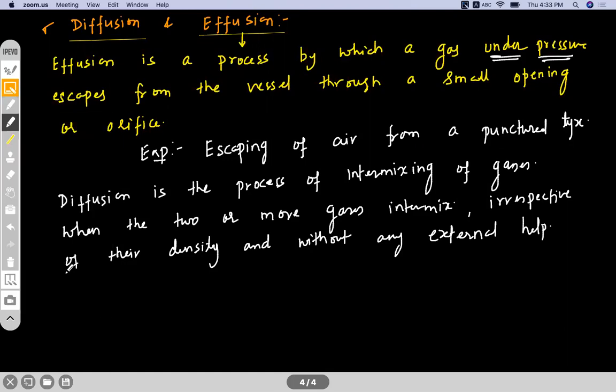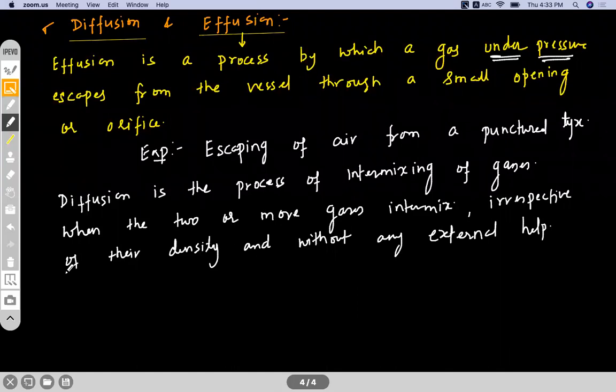Now when you press the knob of that perfume bottle, through effusion the perfume molecules come out, and when it comes out it diffuses into the air molecules. Do you understand the difference between the two? Mixing of gases is diffusion. Effusion is the leaking of gas from the small orifice.